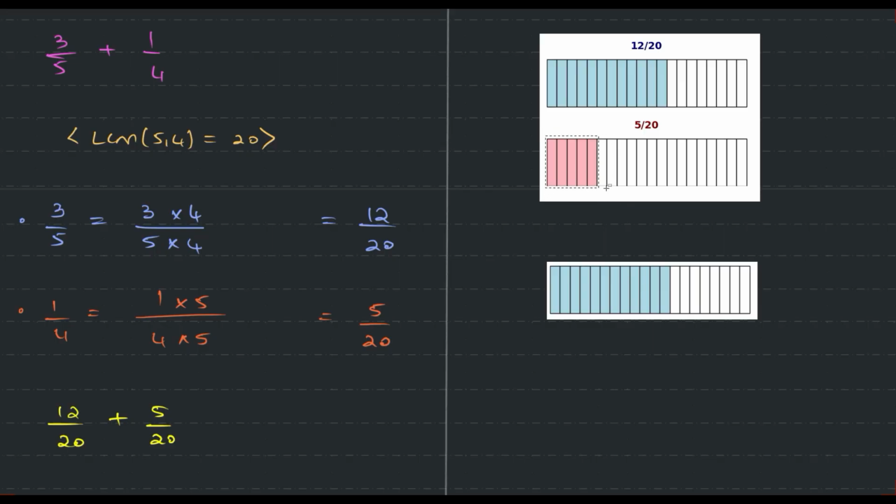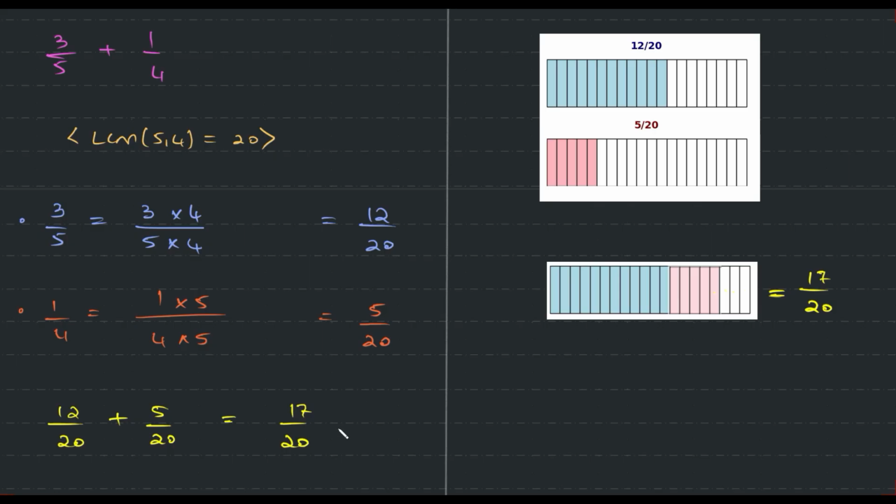I'm copying this and pasting it over here. Forget about the colors being different, but do we have the same parts, and are they overlapping, and can we count this? How much is this? Remember, this is 20 parts. So 20, 19, 18, and what we're looking at over here is 17 out of 20 parts. Do you agree? So this answer has to be 17 by 20.